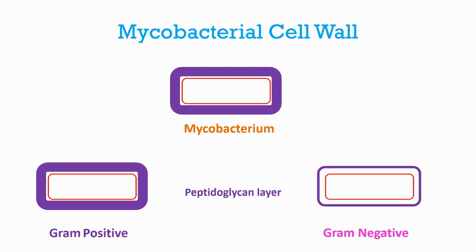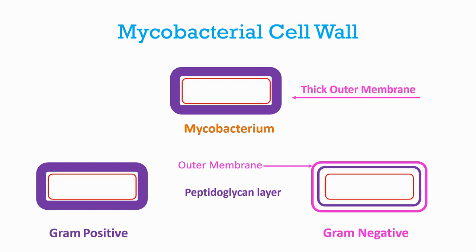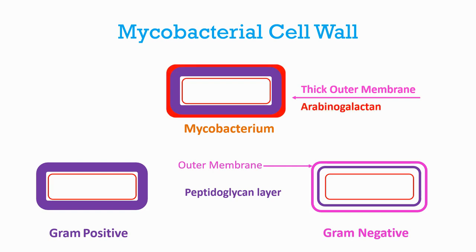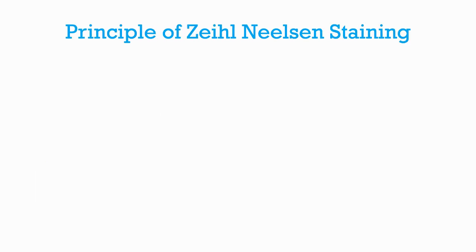The gram-negative bacteria have a thin outer membrane, but the mycobacteria have an outer membrane that is a thick layer of arabinogalactans and mycolic acids. The mycolic acids resist staining with the common staining procedures like gram stain. The use of heat during staining with the primary dye, also called the hot method, helps to drive the primary stain into the waxy cell walls of mycobacteria.